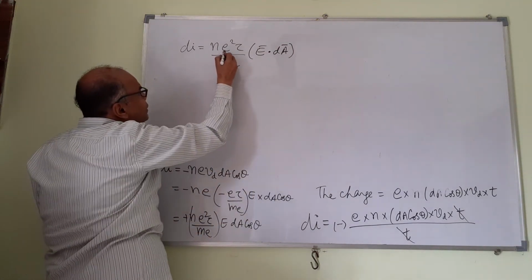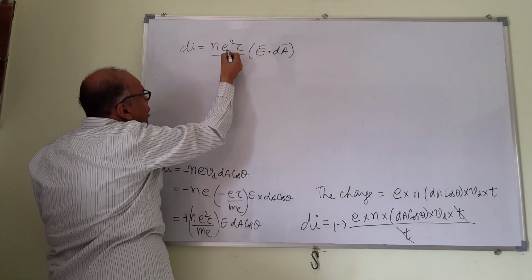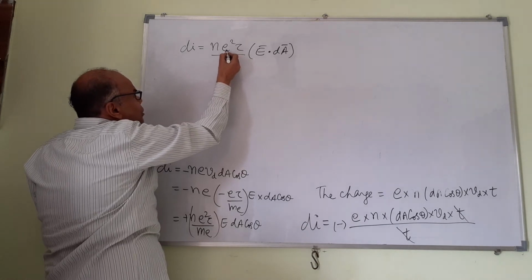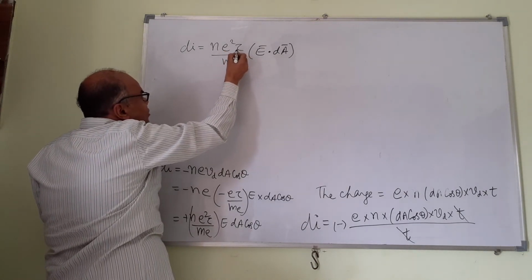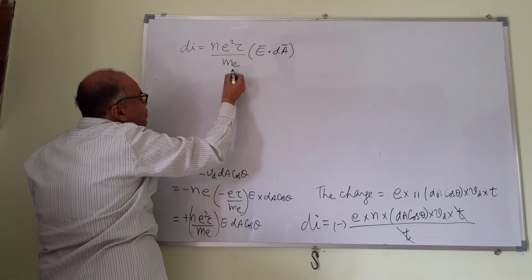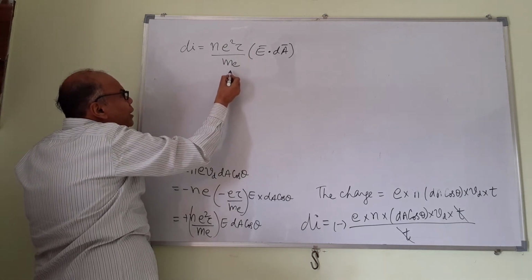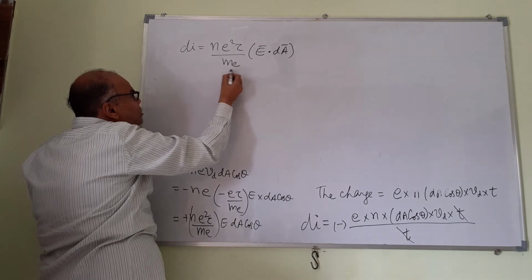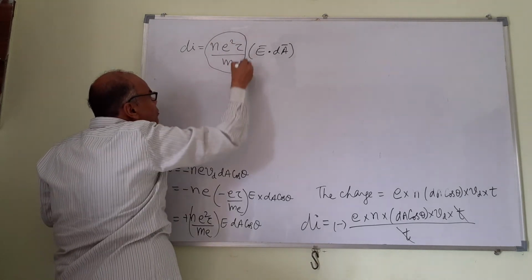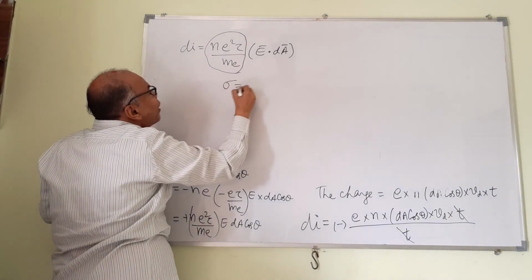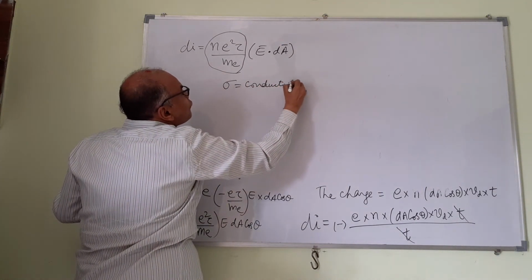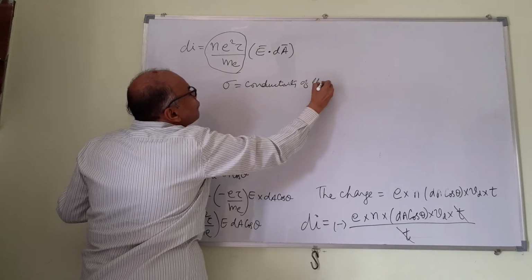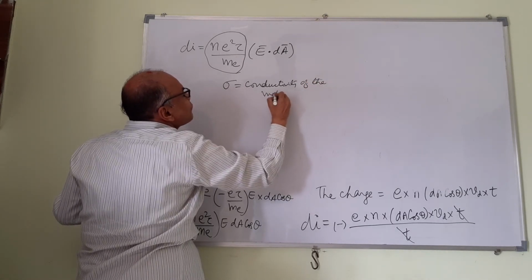This quantity N e squared tau by m: number density, charge on the electron, which is 1.6 into 10 power minus 19 coulomb, relaxation time or the average time between collisions, divided by the mass of the electron, 9.1 into 10 power minus 31 kg. All these terms together are called sigma, the conductivity of the metal or conductor.